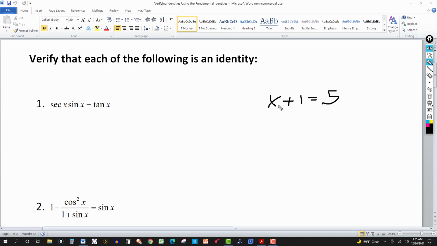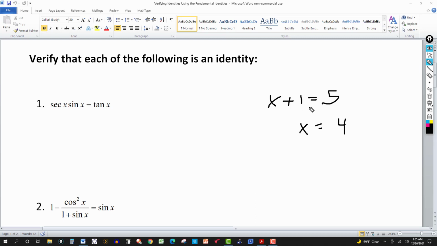So here on the left side, we have x plus 1. I can plug in any number for x, and that's going to give me back a number. On the right side, I just have 5. So really the domain of this equation is all real numbers. But the only one that works, if you solve this equation by subtracting 1 from both sides, is 4.